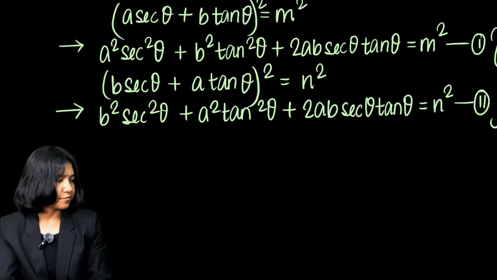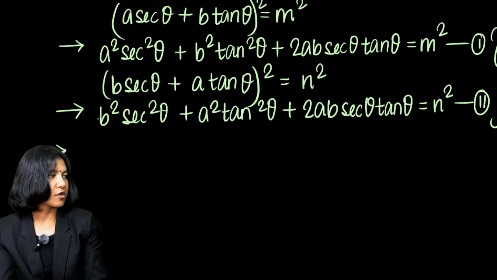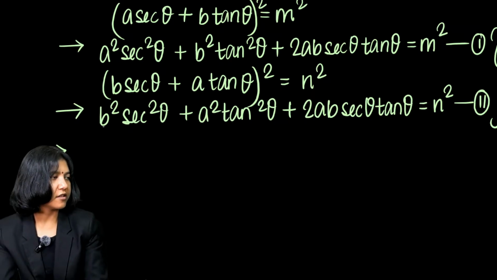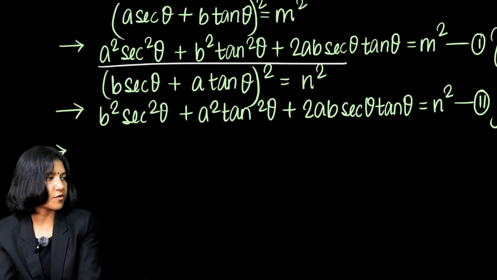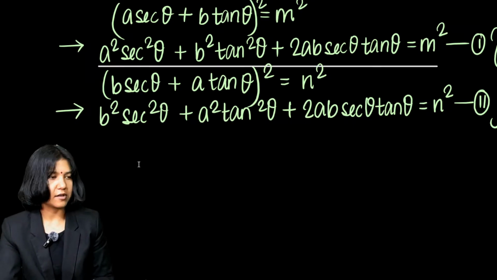Subtracting the two equations, how would I do it? If you were to keep them together, then please see that upon subtracting the first and the second, I think you are understanding which two equations I am subtracting, this one and this one.